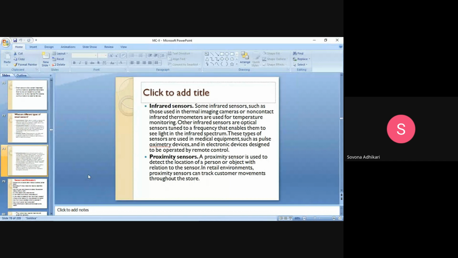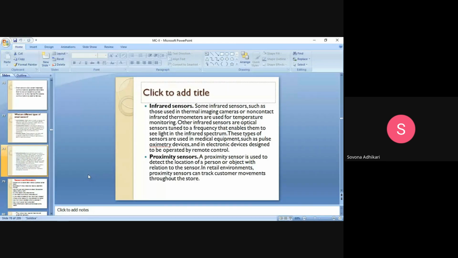Proximity sensor. A proximity sensor is used to detect the location of a person or object in relation to the sensor. In a shopping mall, a proximity sensor can track the customer's movement throughout the store.